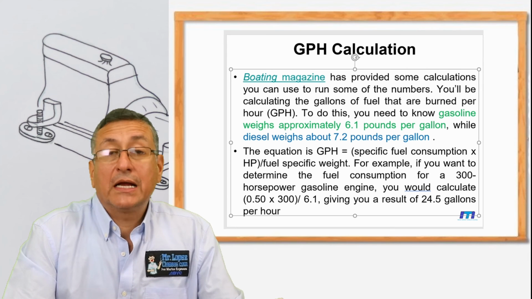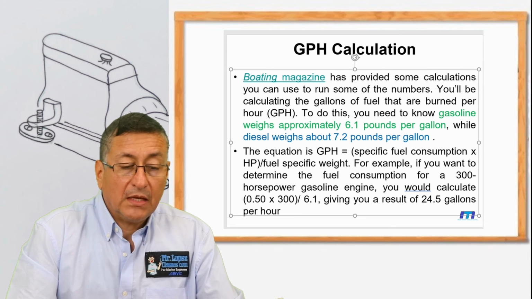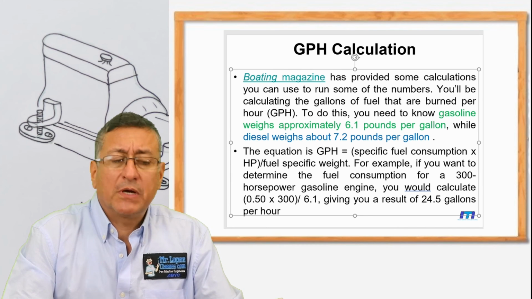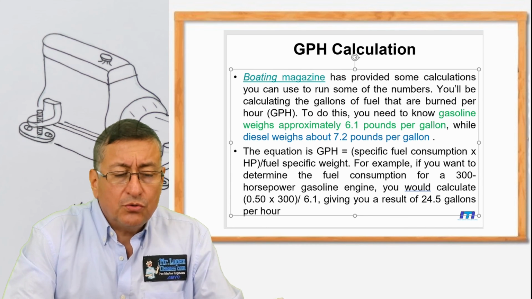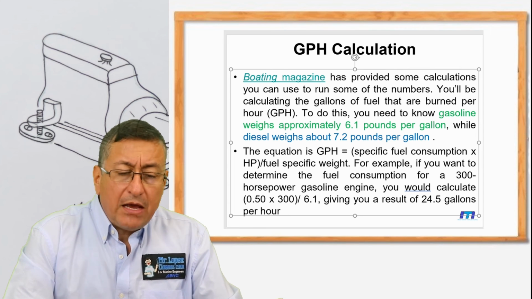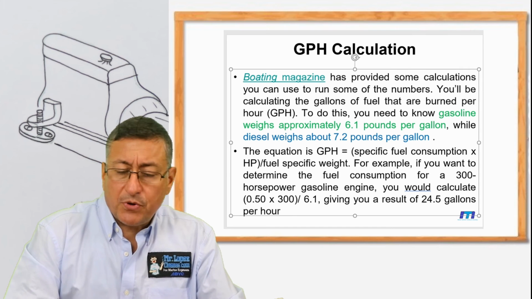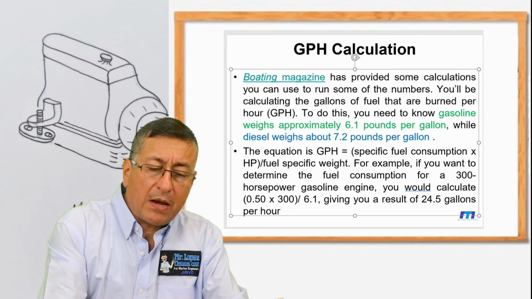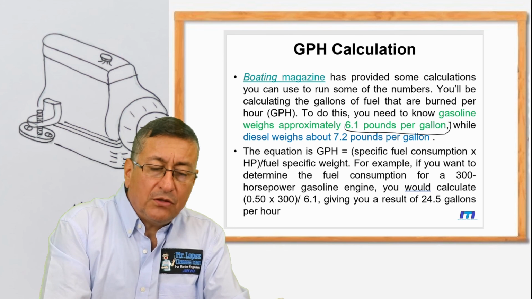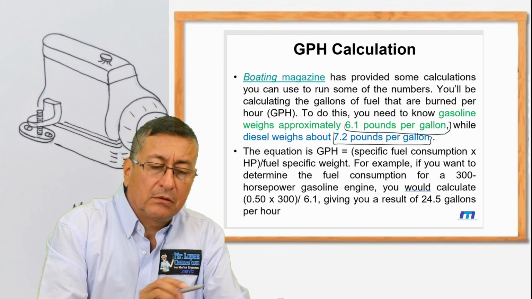Gallons per hour calculation. The boat magazine has provided some calculations that you can use in order to understand those numbers. The weight of gasoline is approximately 6.1 pounds per gallon, and diesel is 7.2 pounds per gallon.